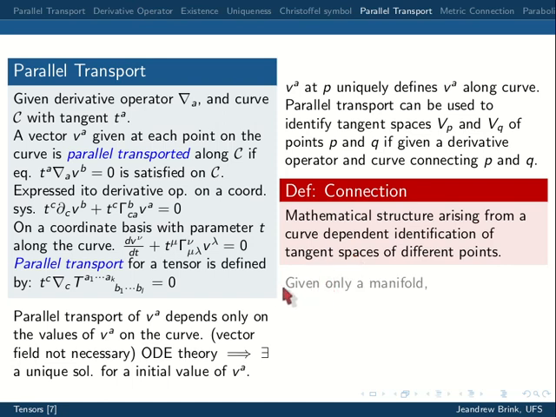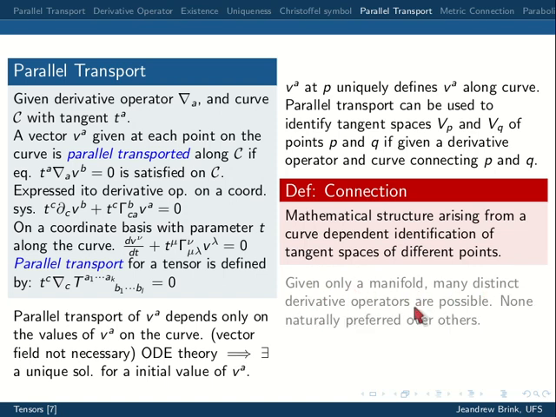Now, if you're given only a manifold, many distinct derivative operators are possible, and none of them are naturally preferred above the others. You could see that because you had one coordinate derivative operator, you could get a nabla from it with these tensors, but you could just choose a different coordinate operator and make another one.